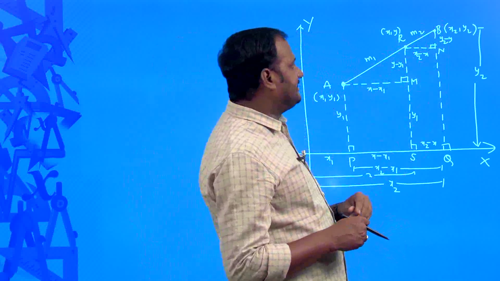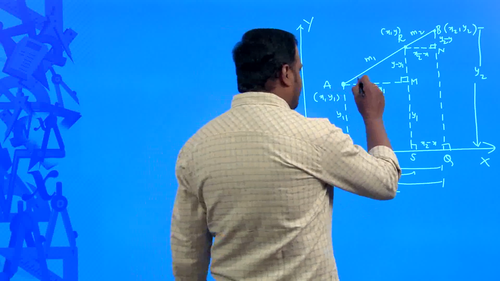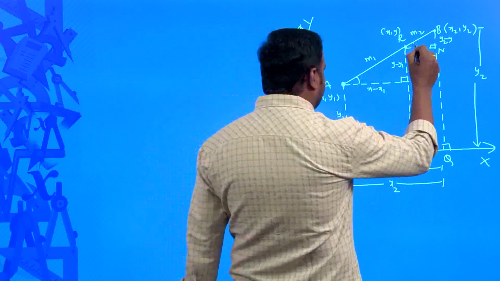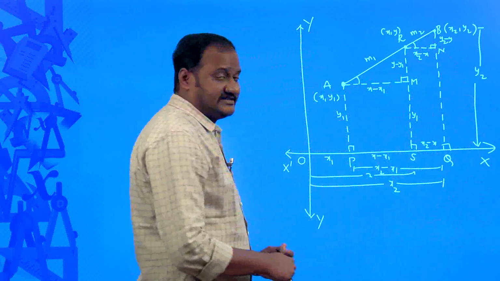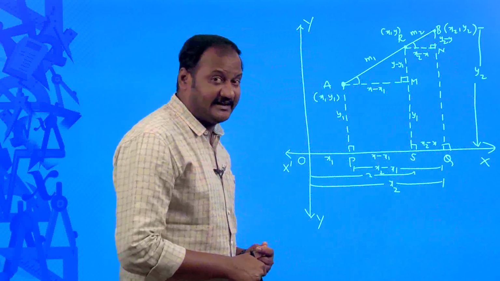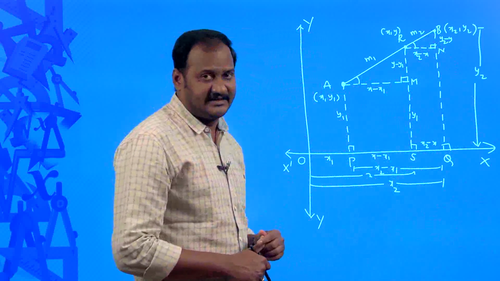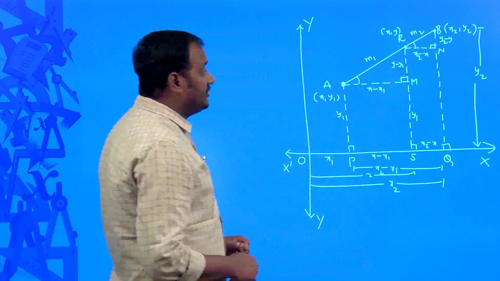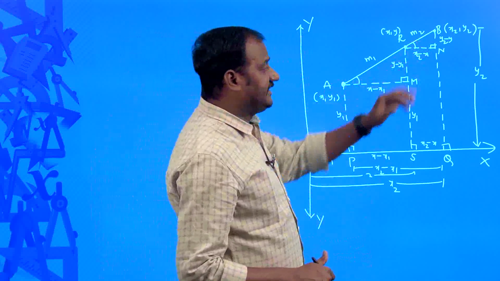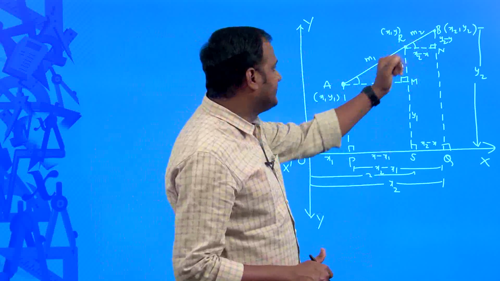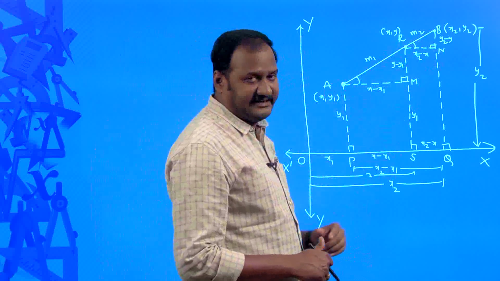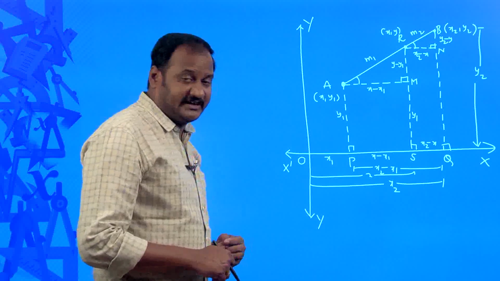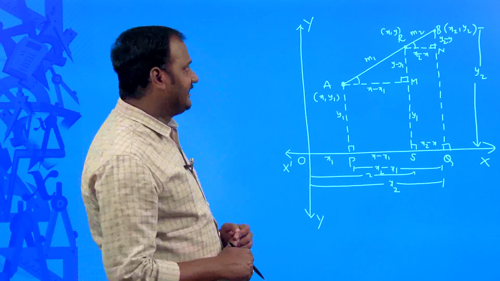If every single line is parallel, then what can you infer about this angle and this angle? Yes, those two angles are interior alternate angles, corresponding angles, and must be equal. So, if these two angles are equal, then what do you call this triangle and this triangle? Since this angle is equal to this angle and 90 degrees equals 90 degrees, those two triangles are said to be similar triangles.